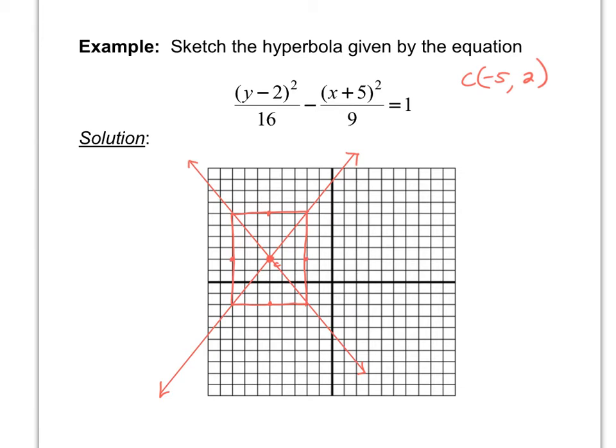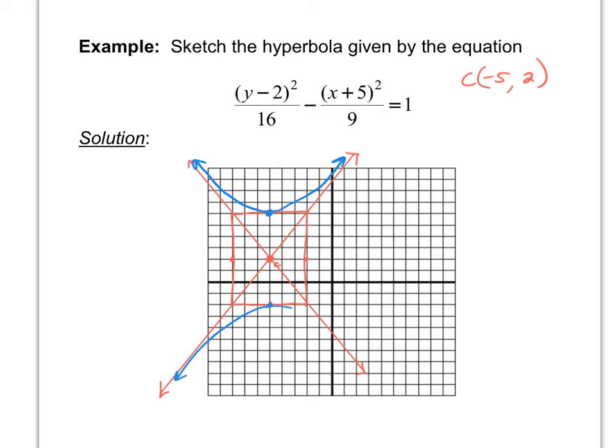Now I need to notice that the y squared term is listed first, which means my hyperbola is going to open up and down, which means this is a vertex and this is a vertex. I'm going to draw my branch going up and draw my branch going down.